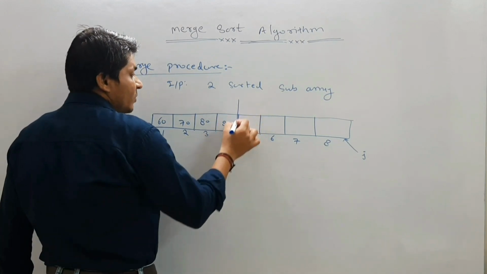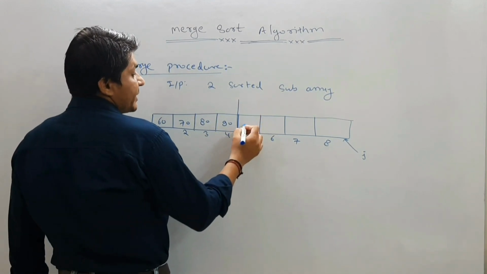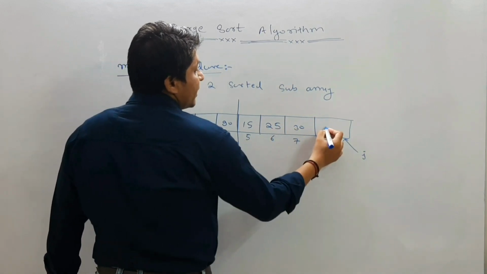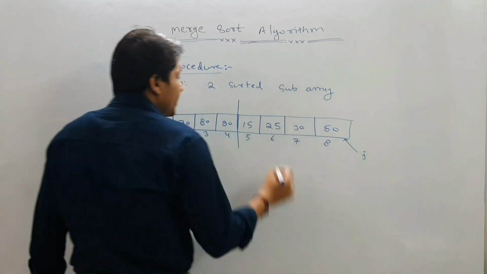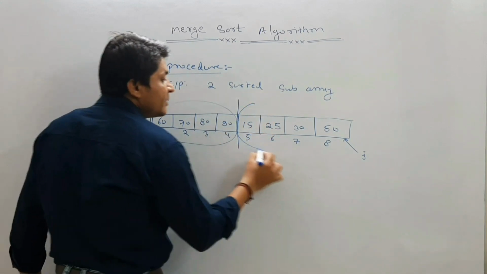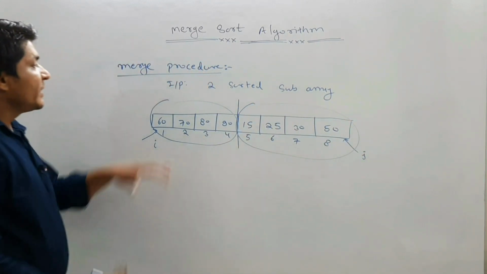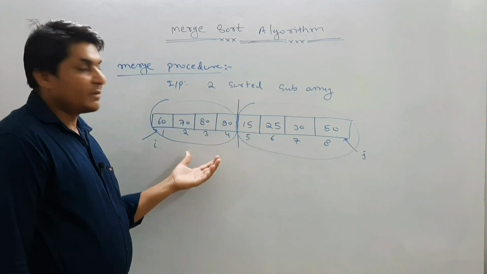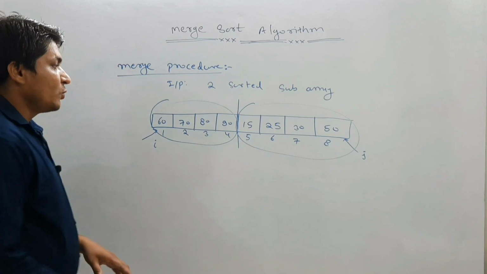This is one array, and the next array is, let's say, 15, 25, 30, and 50. This array is already sorted and this array is already sorted. It means if the input is two sorted subarrays, then we can perform the merge procedure. So how do we perform the merge procedure?